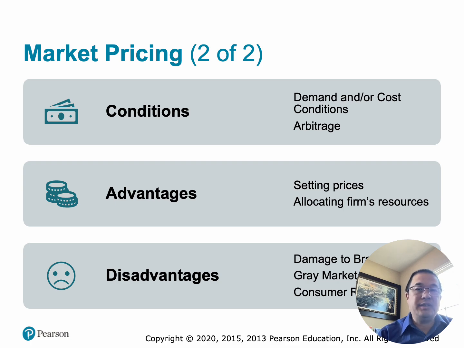B, better allocation of resources. Firms can invest resources where profits are highest. So if demand is stronger in Germany than in Argentina, more products can be shipped to Germany. Marketing budgets can be adjusted accordingly. This improves efficiency and profitability.